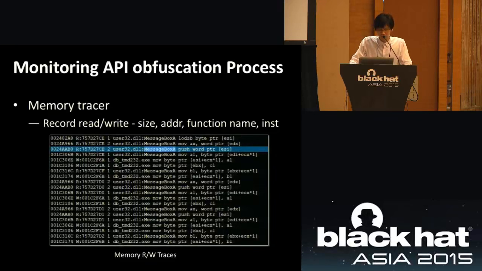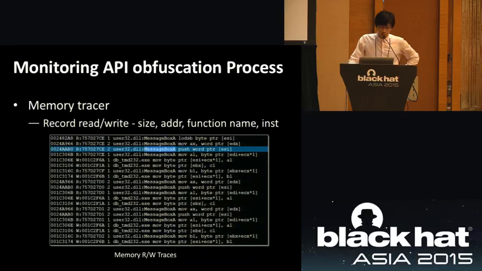As you can see in the picture, the first column is the instruction address, and the second column indicates read or write on some address. The next column is the size, the next column is the module and API function, and the last one is the instruction executed.